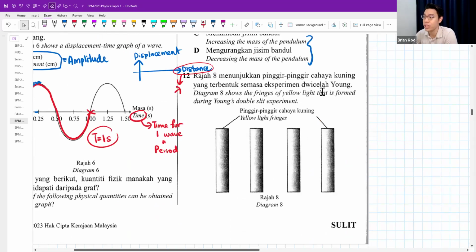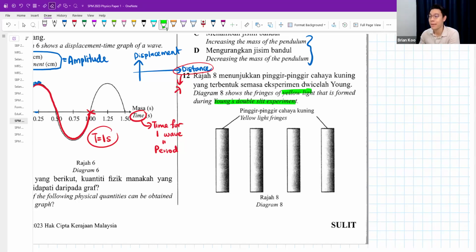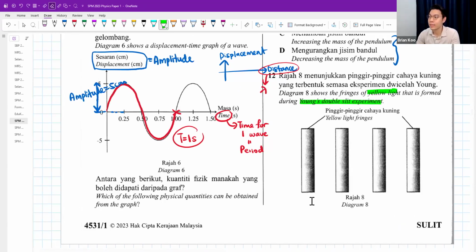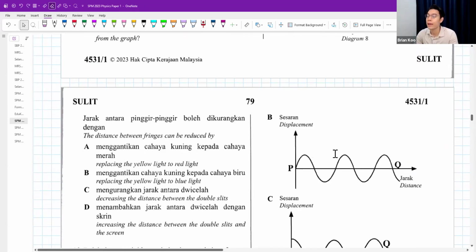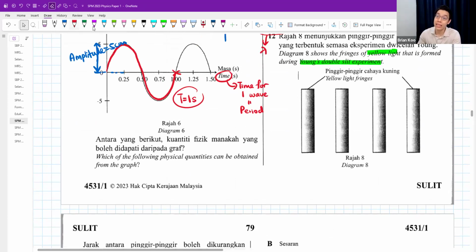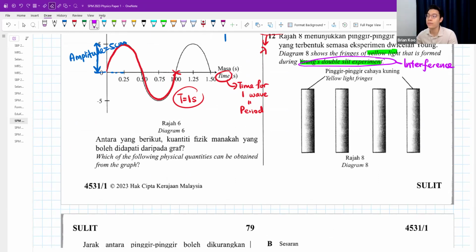Diagram 8 shows fringes of yellow light that is formed during a Young's double slit experiment. Let's see what they ask. The distance between the fringes can be reduced by, okay. Please know that whenever I say it is a Young's double slit, it is an interference of wave phenomenon.